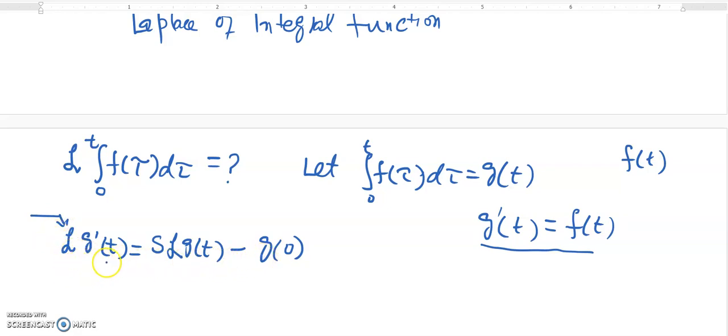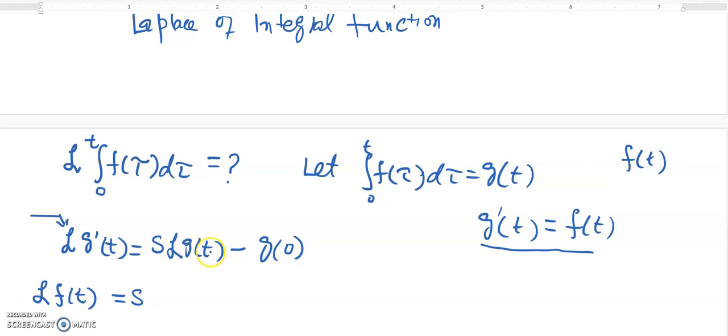So in this case, what are these terms over here? The Laplace transform of g prime of t is actually the Laplace of f of t, the original function. And what is this s? s is s over here.